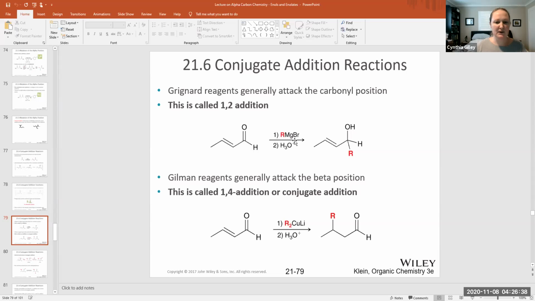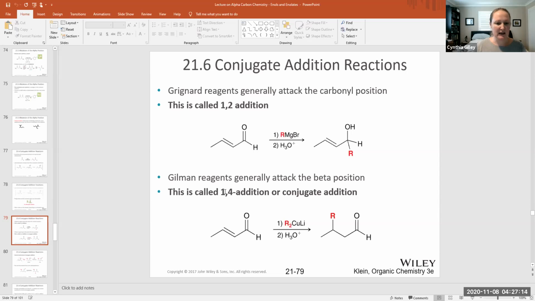So in contrast to the Grignard reagent, which is a strong nucleophile and prefers attack at the more electrophilic ipso carbon, the Gilman reagent will prefer what's called conjugate addition or 1,4 addition, and the new carbon-carbon bond will be formed between the incoming nucleophile and the beta carbon. And notice how the pi bond is the carbonyl in this case, and the pi bond is actually a carbon-carbon double bond, or an alkene, in this case.